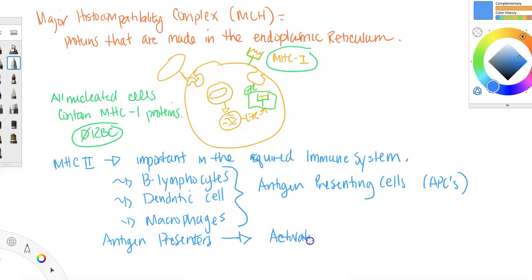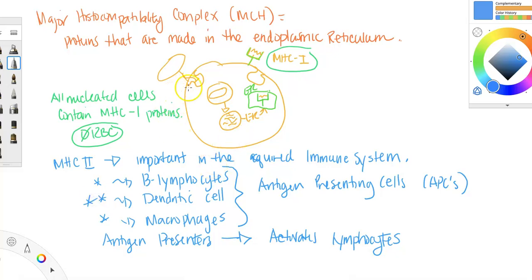It activates lymphocytes. It activates both T cells and B cells. So again, only these 3 types of cells have MHC2. Okay. Dendritic cells have both.